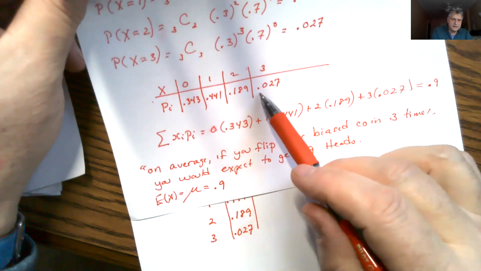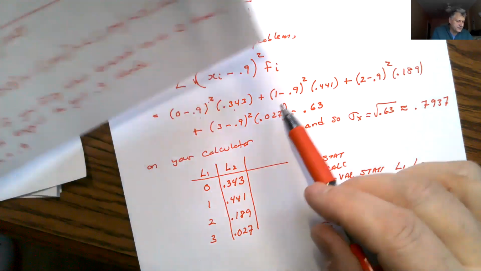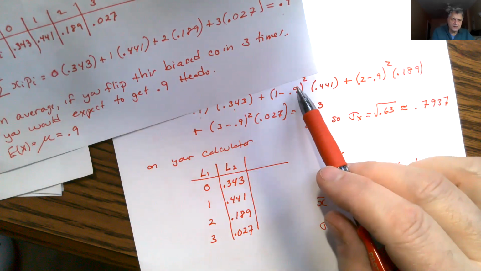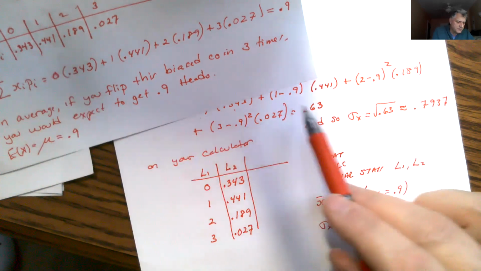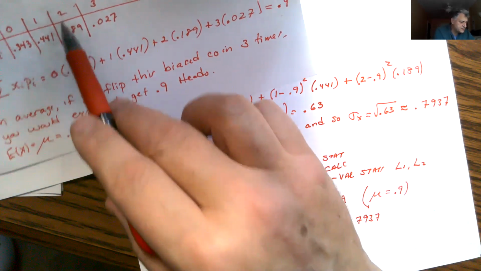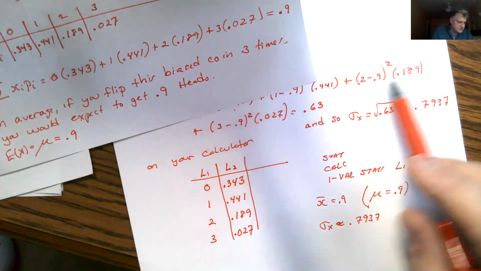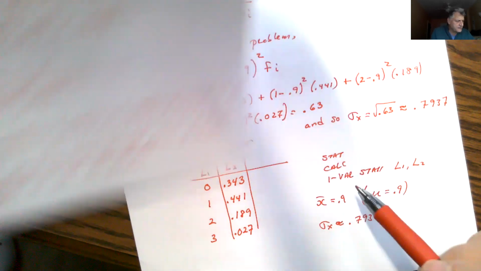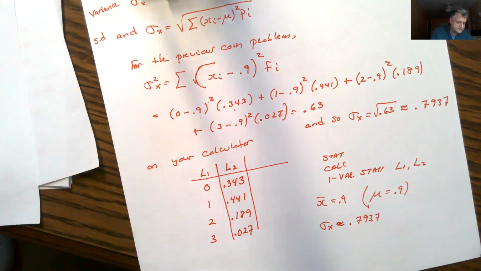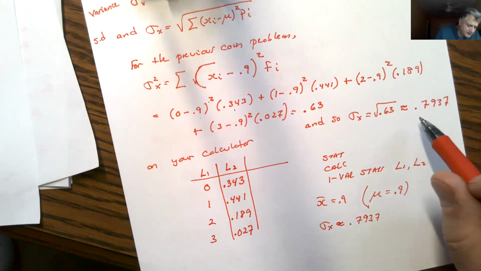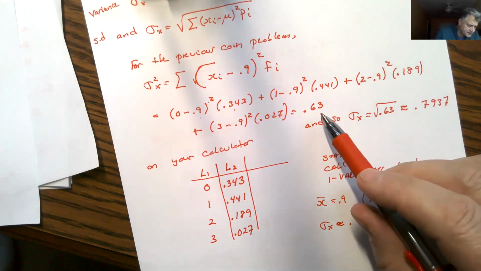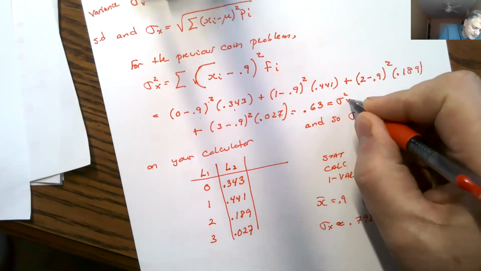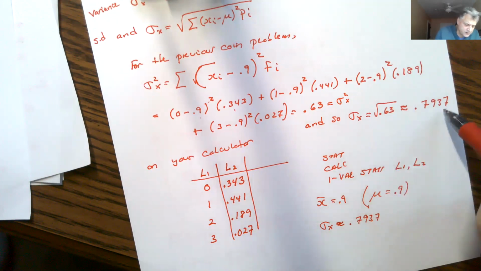So you can see the next one would be 1 minus 0.9 squared times the probability, plus 2 minus 0.9 squared times the probability, plus 3 minus 0.9 squared times the probability. We add those up, and we get 0.63 as the variance. So this is your sigma squared. And to get sigma, we take the square root of that.